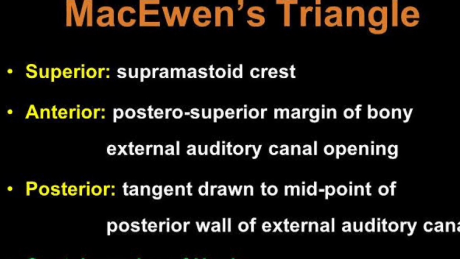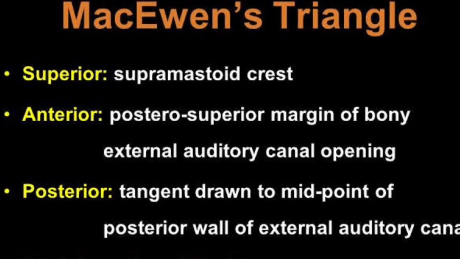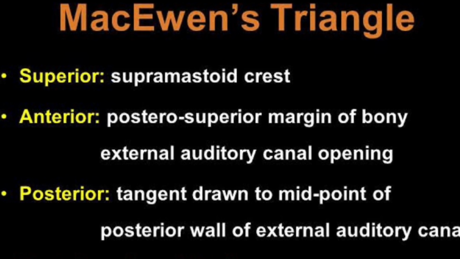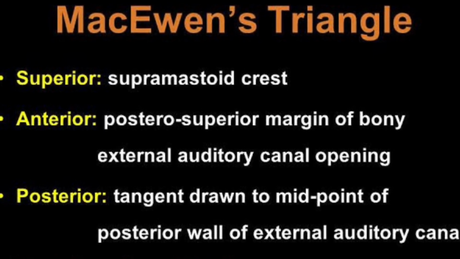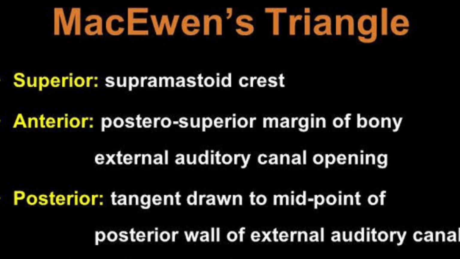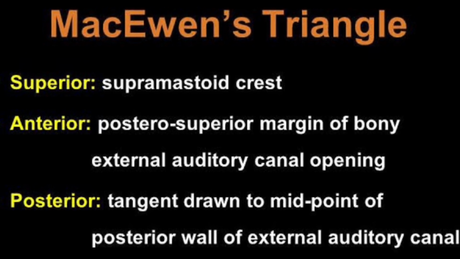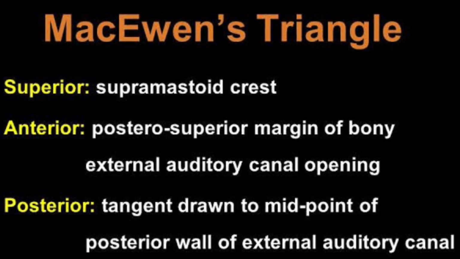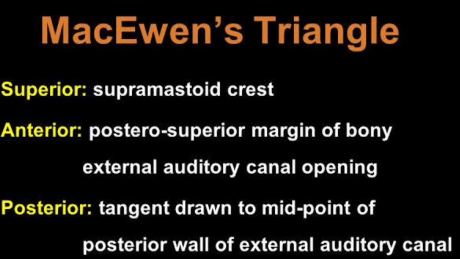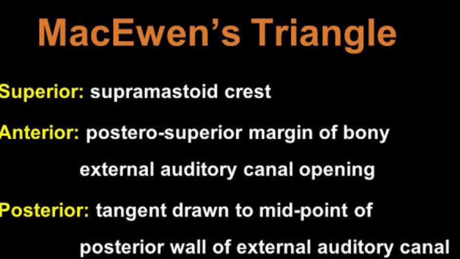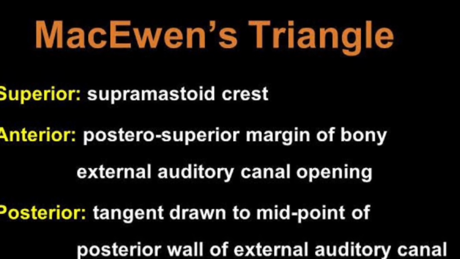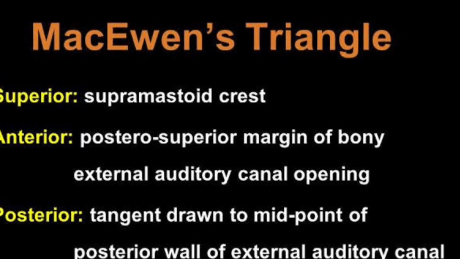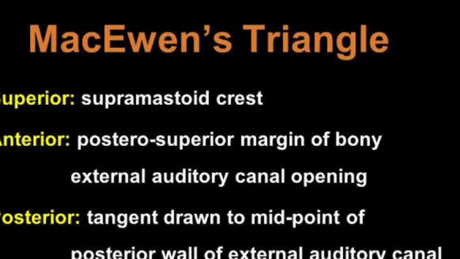It has the supramastoid crest superiorly, anteriorly the posterior margin of the bony external auditory canal, and if you pass a tangent line from the external auditory canal posteriorly, you can see MacEwen's triangle for the mastoid antrum. You can open the mastoid antrum without seeing major structures through this approach. That is MacEwen's triangle. So these triangles are very important and basic to know.